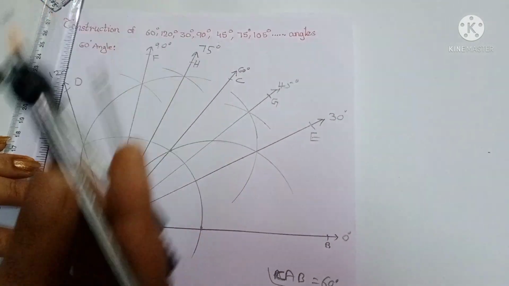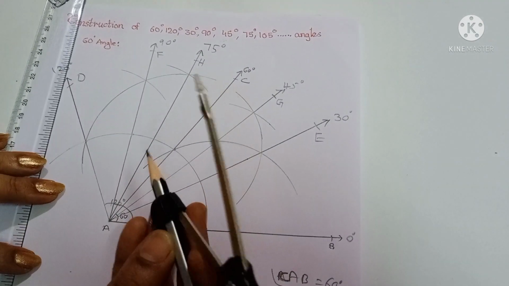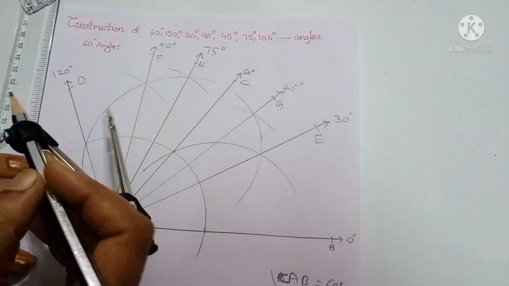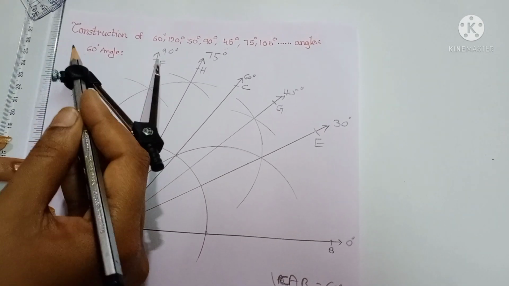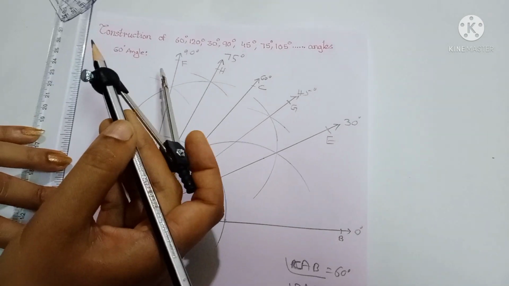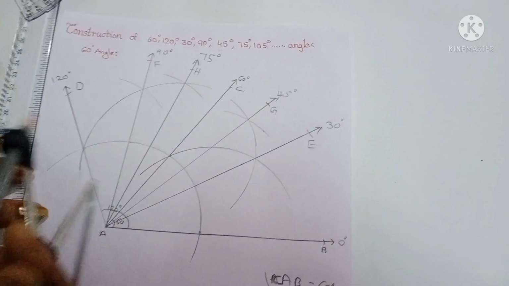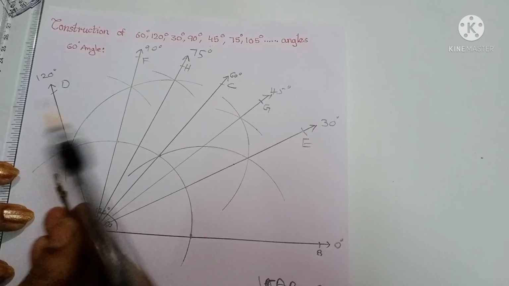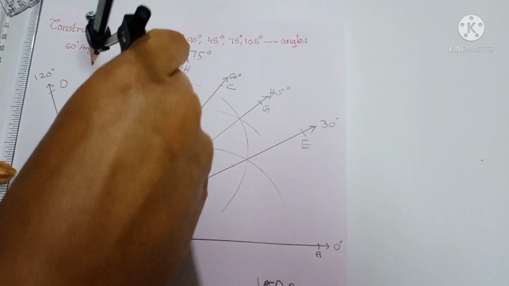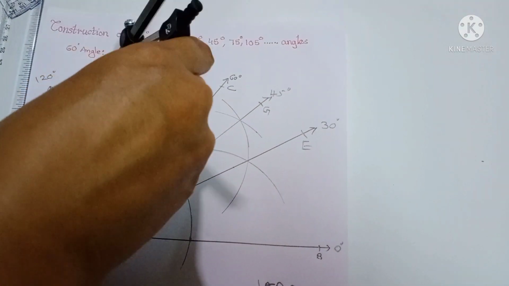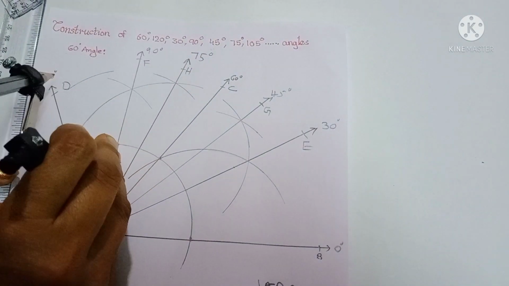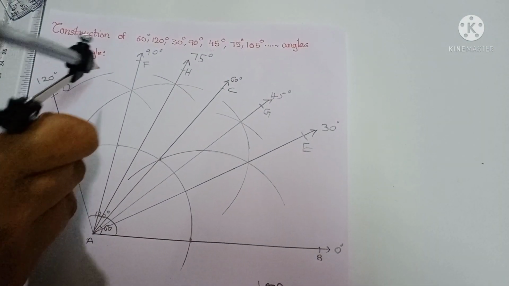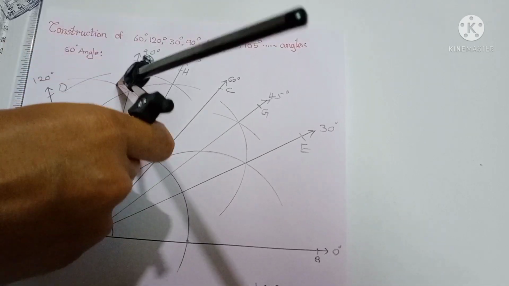Next, 105 degrees. 105 is the angle bisect of 90 and 120. So we draw one arc from this point, another arc from this point.